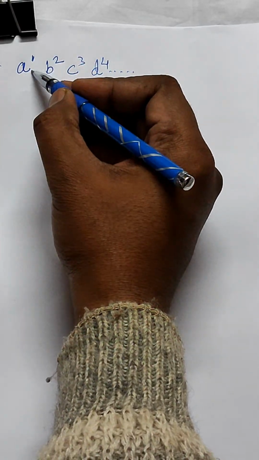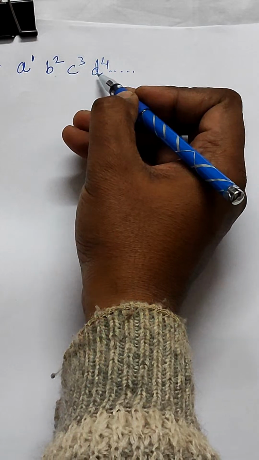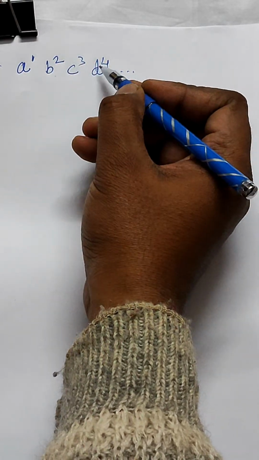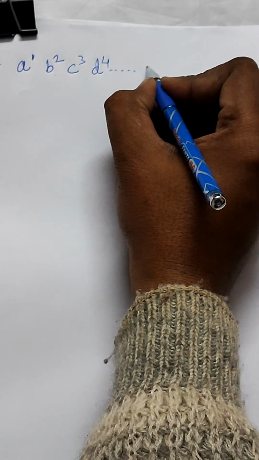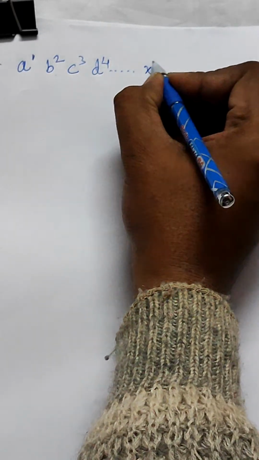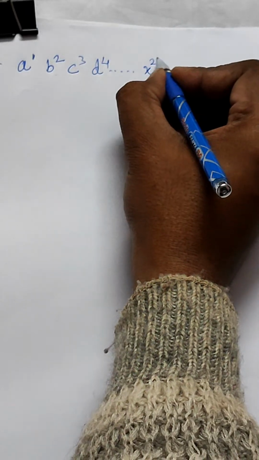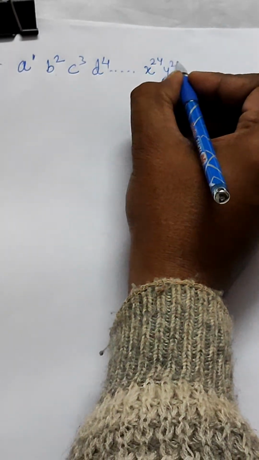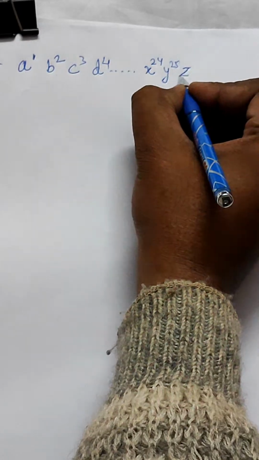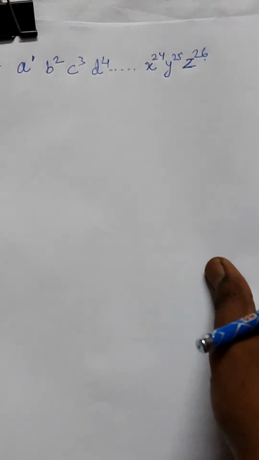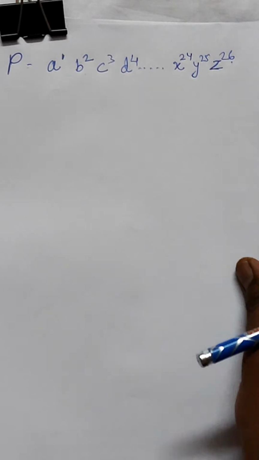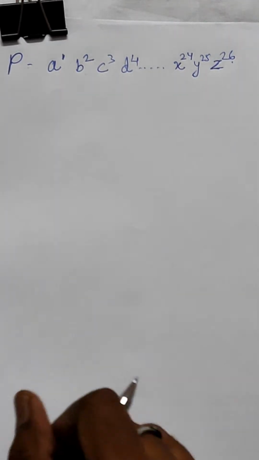The powers of the subsequent alphabets are in ascending order, right? So till, let's say, x it is 24, y 25, z 26. So this is given in the question. This is the value of p which is given to you.